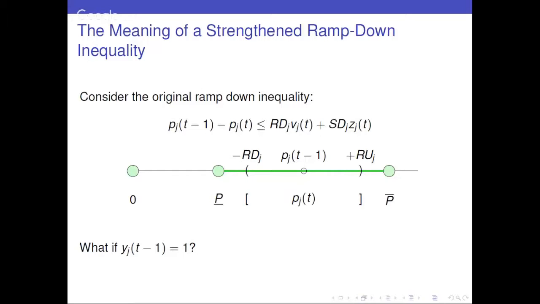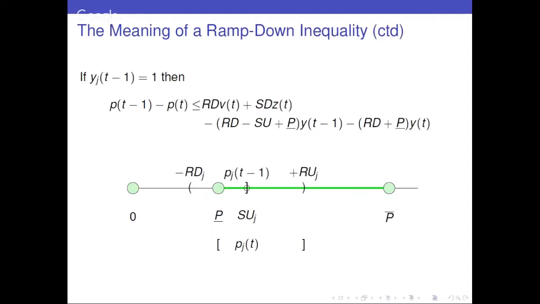If I'm very close to P lower, if I've just turned on in the previous period, then I'm actually going to be very close to the bound here. But this constraint still applies. Even though I've just turned on, it's still saying I can't ramp down too fast from there. Which sounds a bit funny when you say it, but it makes sense mathematically.